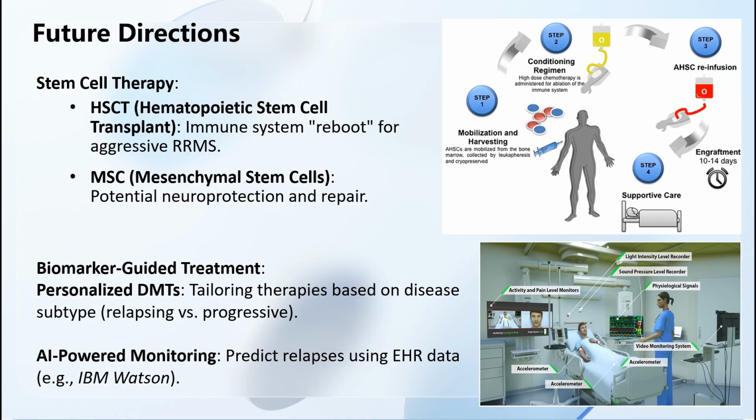So there needs to be more studies done and drugs developed focusing on the other subtypes. What I think would also be interesting to look at is AI-powered monitoring, which could predict relapses using EHR data, such as IBM Watson used previously.